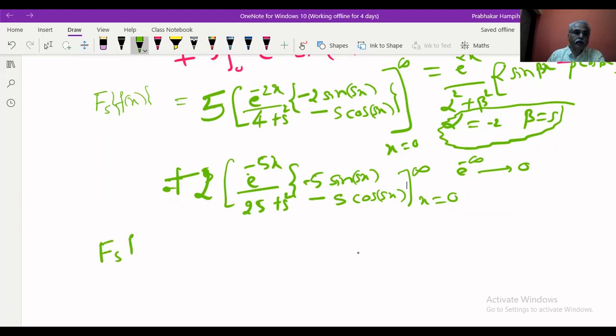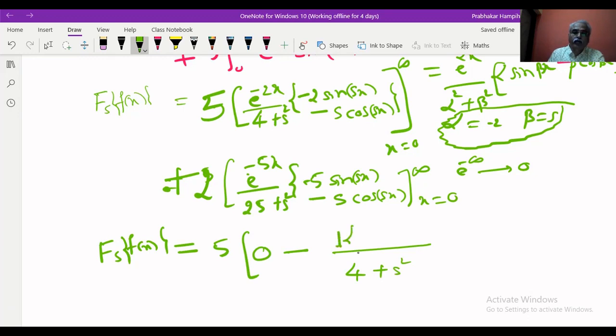F's Fourier sine transform is therefore equal to 5 times, as it is, upper limit because of e raised to minus infinity 0, minus the lower limit. This s has no work with limits, 4 plus s square as it is. Lower limit x equal to 0, 1 into flower bracket, this part is 0 minus, cos 0 is 1, so minus of minus s.